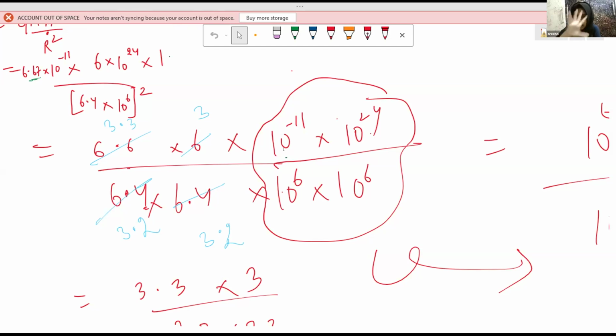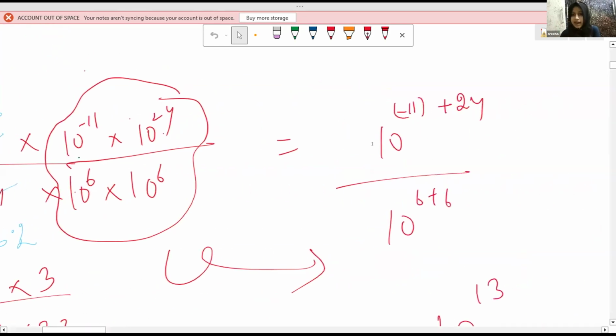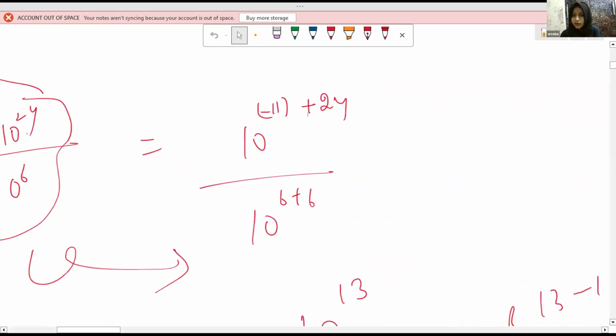Now when it comes to the tens part, I have separated the tens part and the rest of the part: the simple calculations here and the tens part here. The bases are the same, base 10, but the powers are different. When the bases are same and they're getting multiplied, the powers are added.